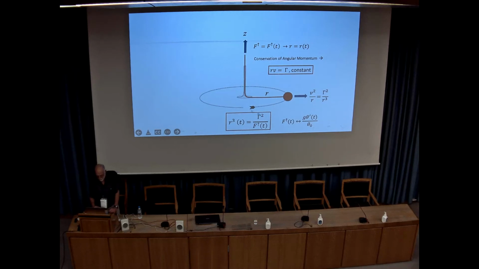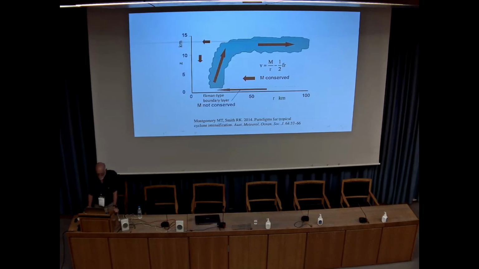We can then solve the force balance for r cubed, and that tells you directly that if you want to decrease the radius and therefore have a larger v, then you have to have a stronger f. F gets bigger, r gets smaller, v gets bigger. Conserve angular momentum. All right, how do you do that?